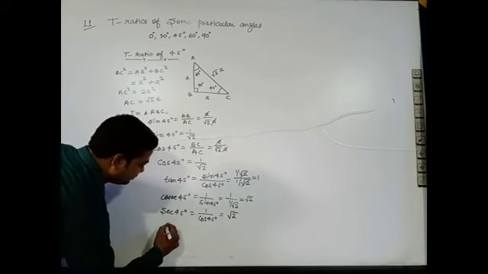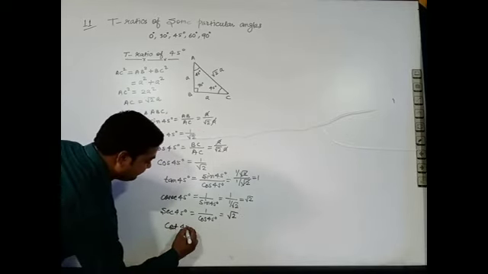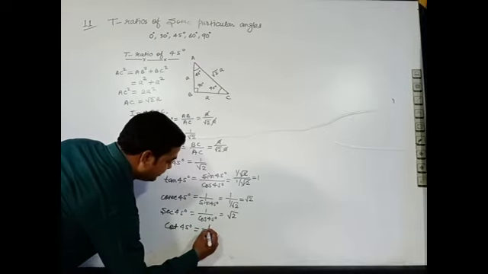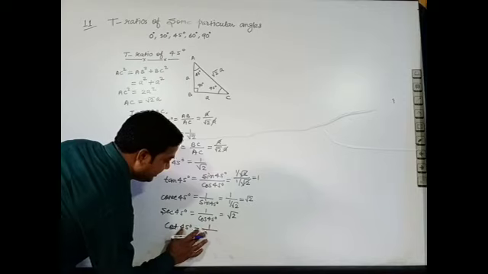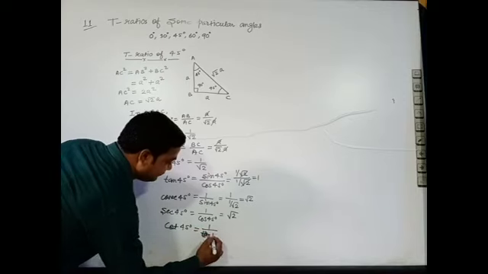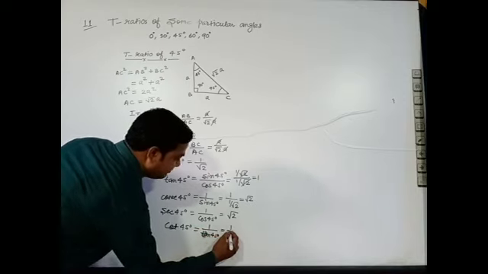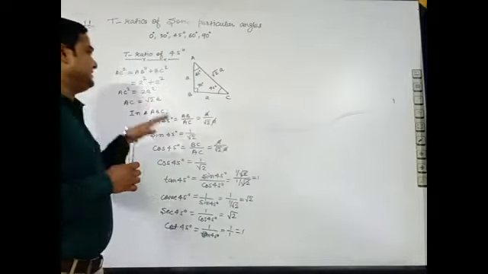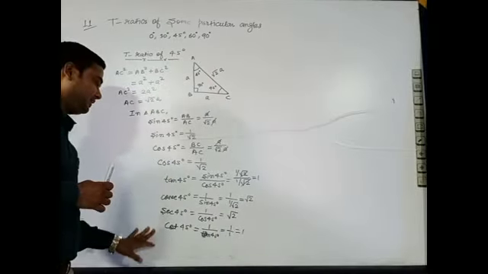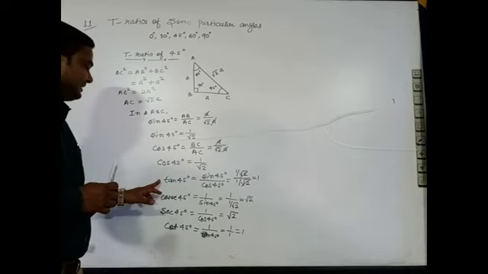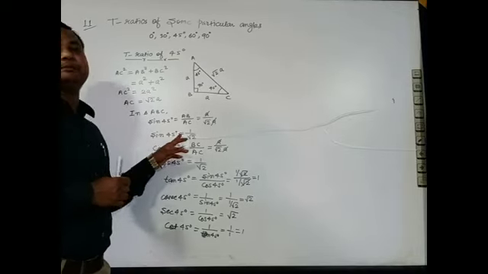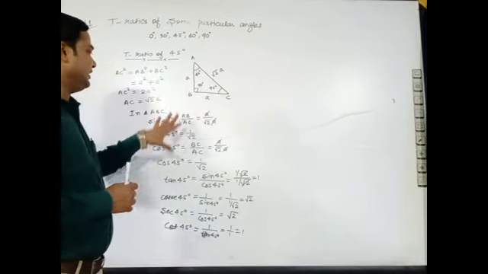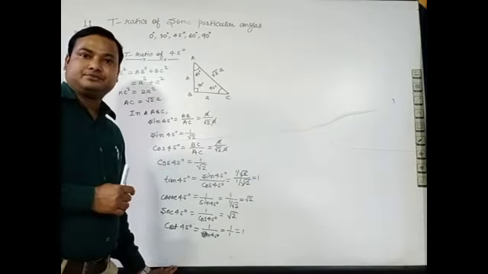And the last one is cot 45 degree, then it is 1 by tan 45 degree, it means 1 by 1 equal to 1. So we can easily calculate all the values sin, cos, tan, cosec, sec, cot of 45 degree with the help of this simple figure. So this is the value of 45.